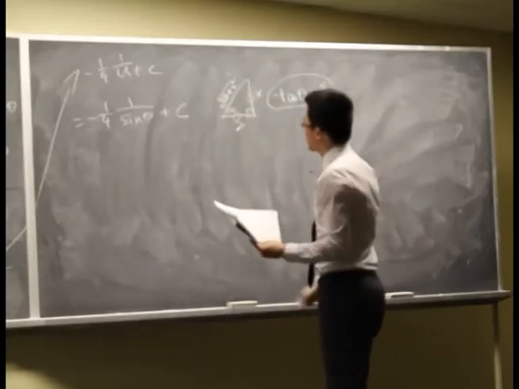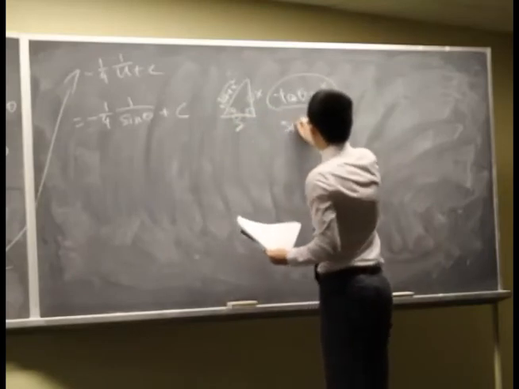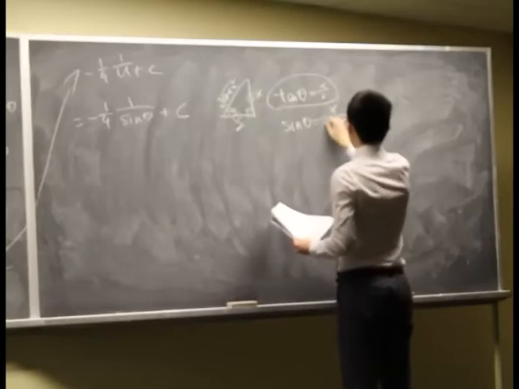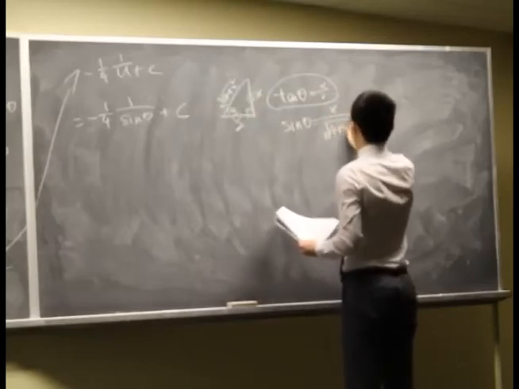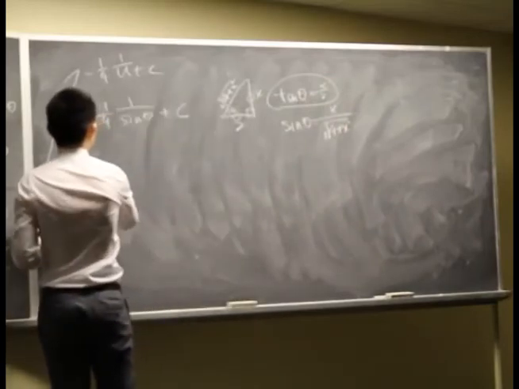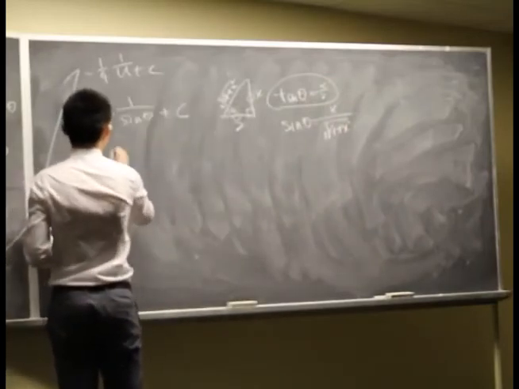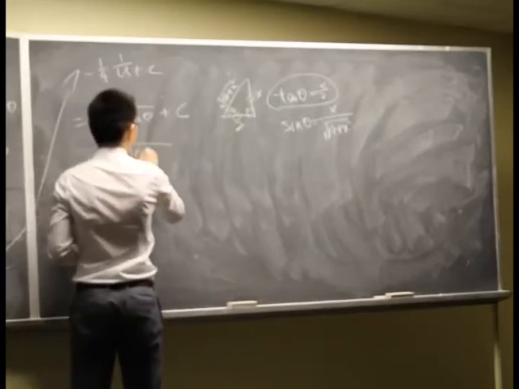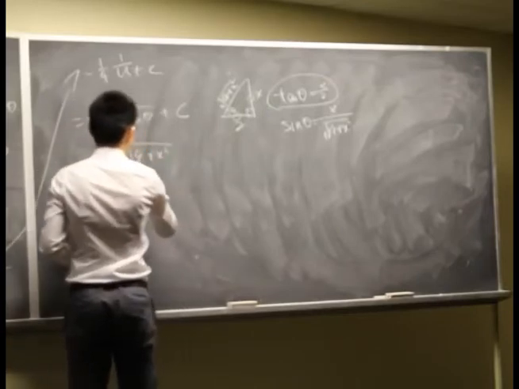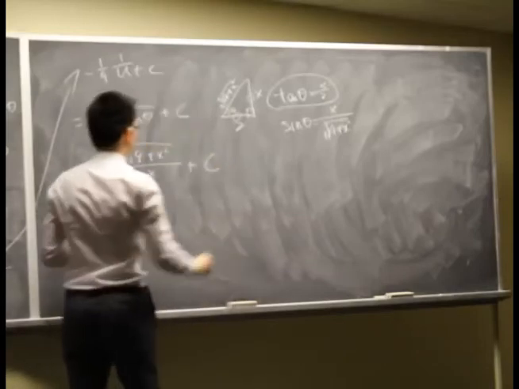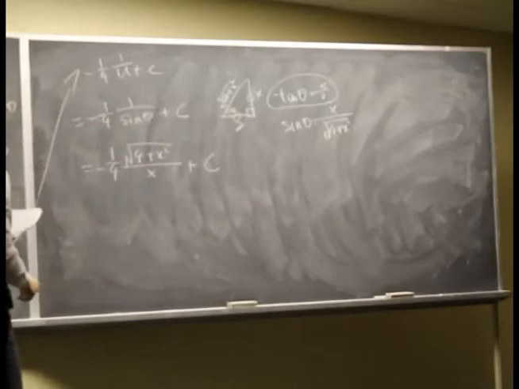Using the definition of sine, this is equivalent to x over the square root of 4 plus x squared. And hence, making the substitution, we get negative 1 over 4 times the square root of 4 plus x squared over x, plus c.